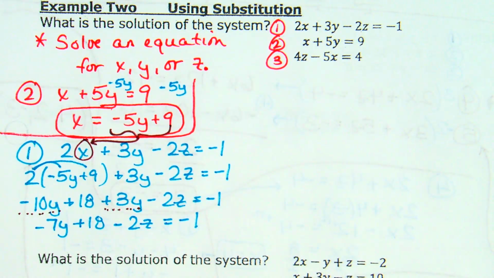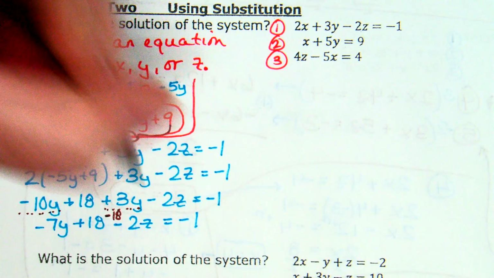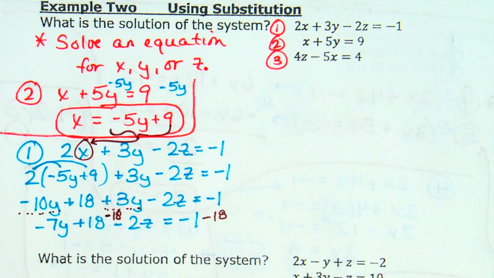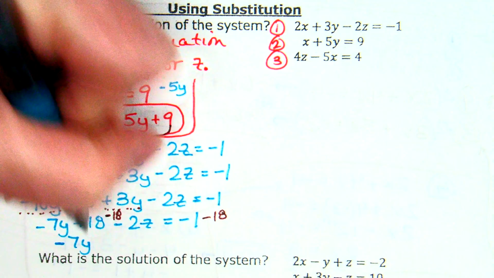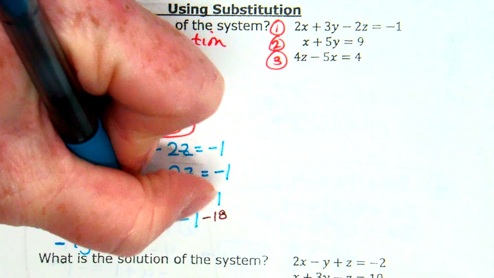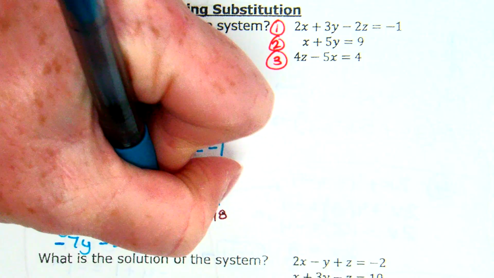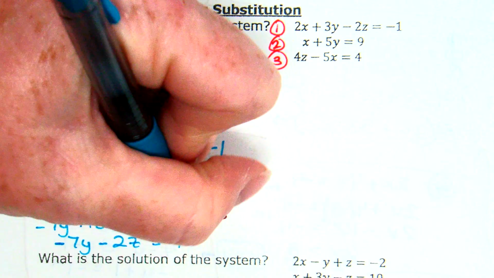Leave the y and z and move the plus 18. So if it's a plus 18, subtract the 18. So now I have negative 7y minus 2z equals negative 19.